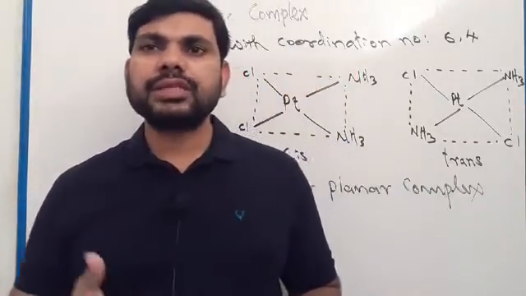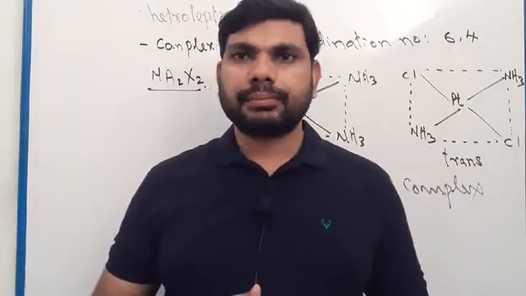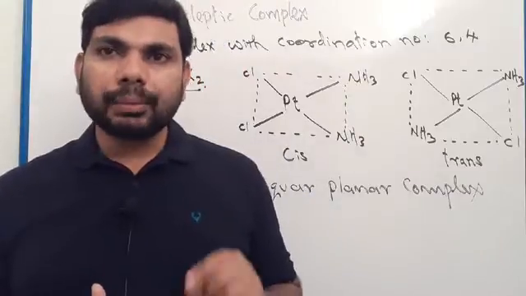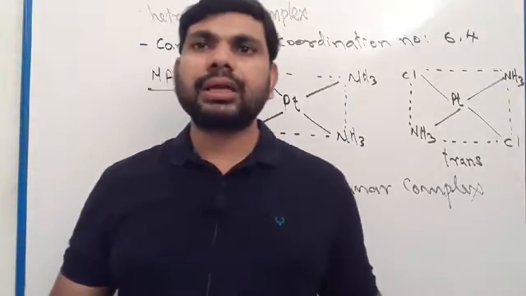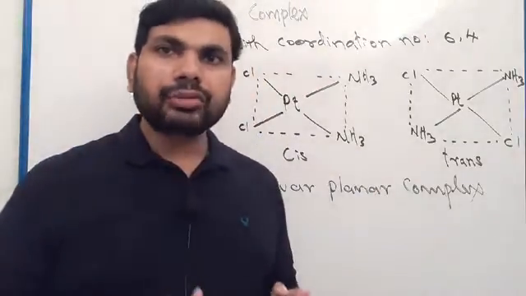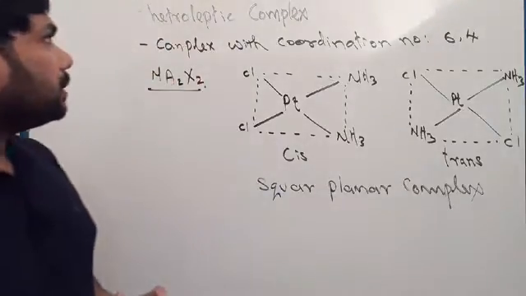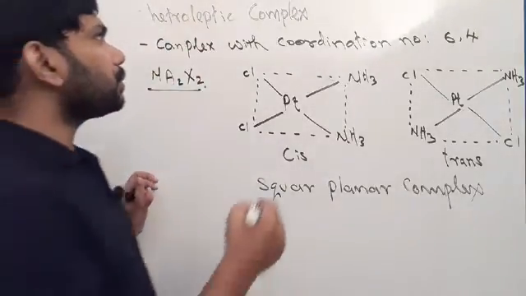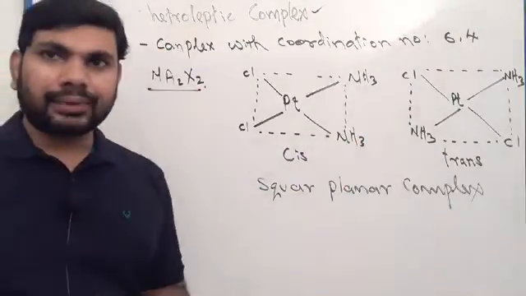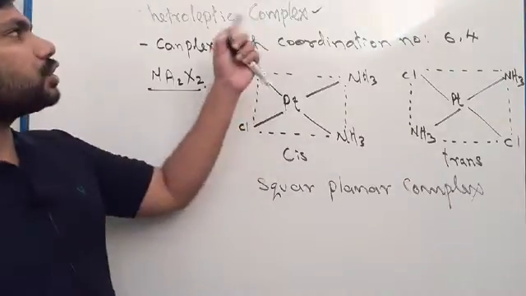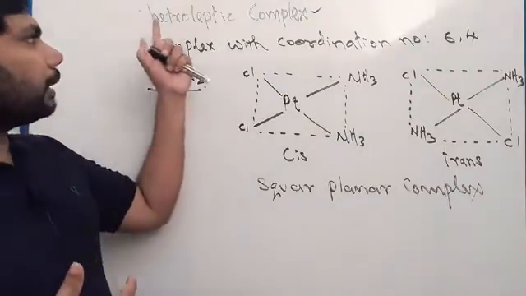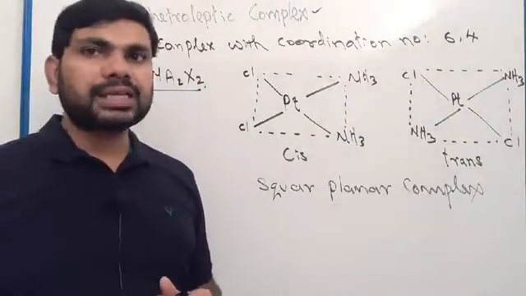Next we have to discuss stereoisomerism. We know stereoisomerism is again classified into geometrical isomerism and optical isomerism. Here we discuss geometrical isomerism. Generally heteroleptic complexes show geometrical isomerism. We know heteroleptic complex and homoleptic complex.